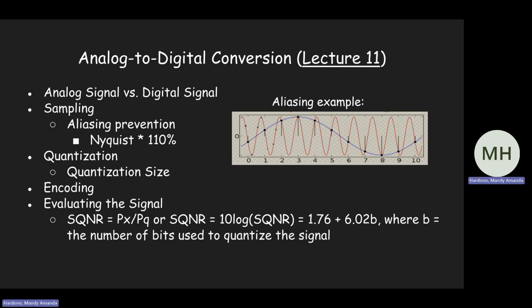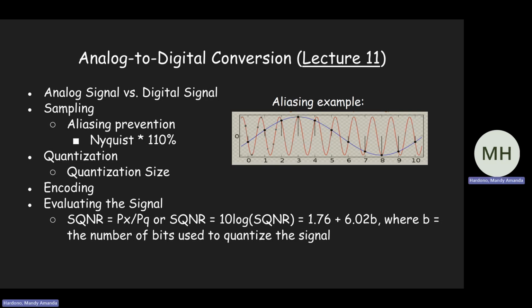The number of levels, as we talked about before, is 2 to the n, where n equals the number of bits, so 2 to the n different discrete values that your conversion will have.